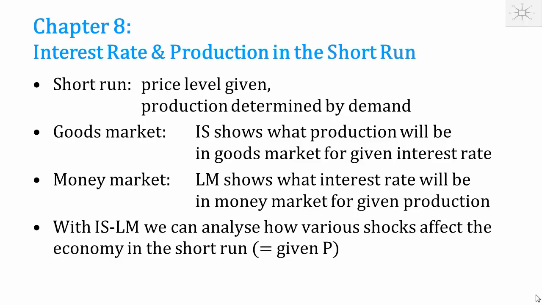We derived the IS curve that shows what production will be in the goods market for a given interest rate. We derived the LM curve that shows what the interest rate will be in the money market for a given level of production. We combine those into the ISLM model that we can use to analyze how various exogenous shocks affect the economy in the short run.